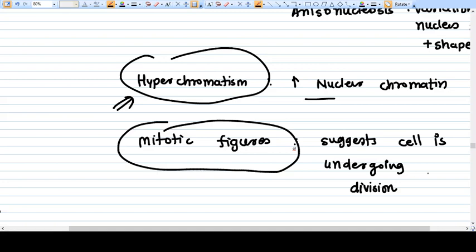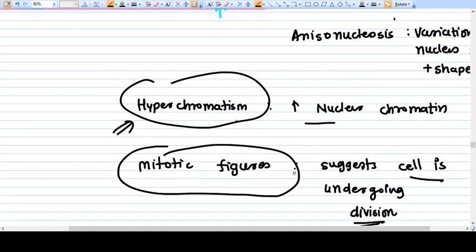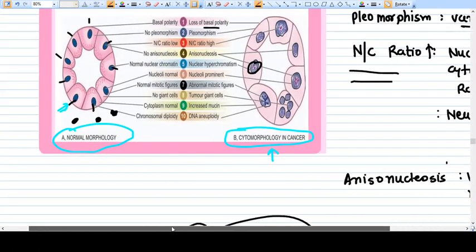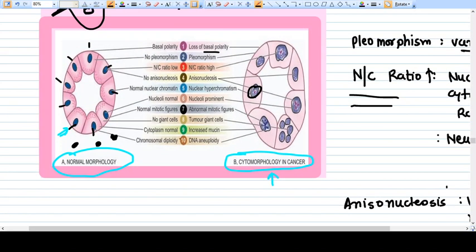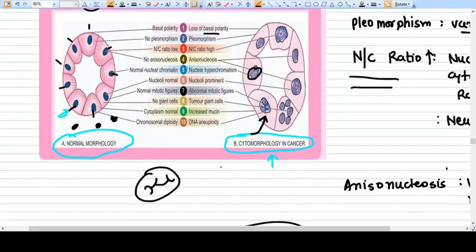Mitotic figures suggest the cell is undergoing division. So again, I have already said neoplasia means division. So see here, this is a mitotic figure. This kind of figure is a mitotic figure. That means the cell is undergoing division.